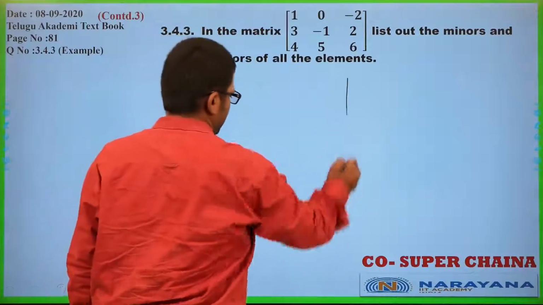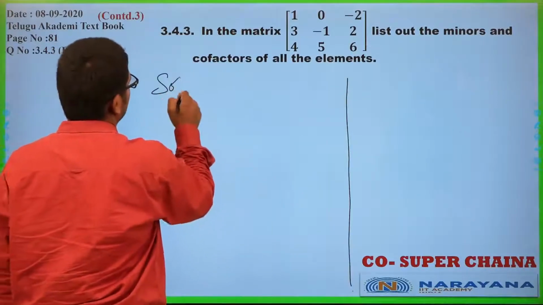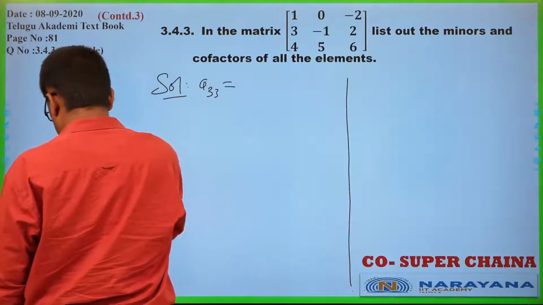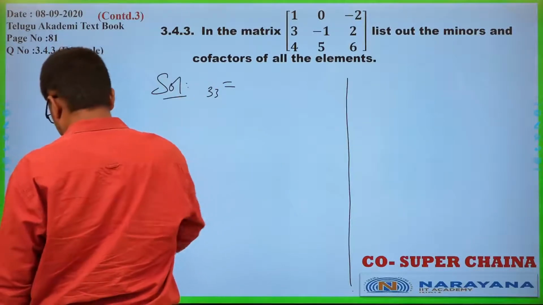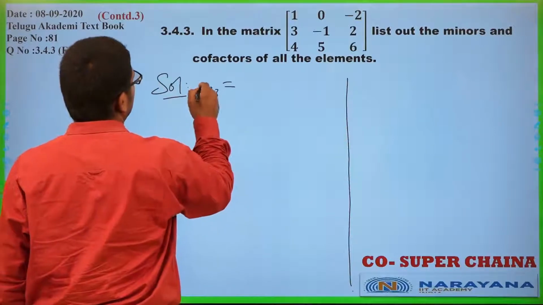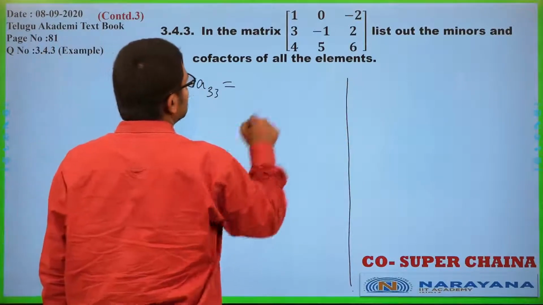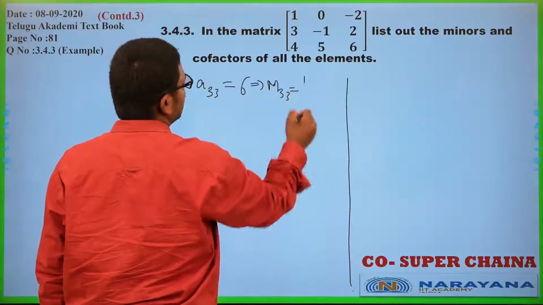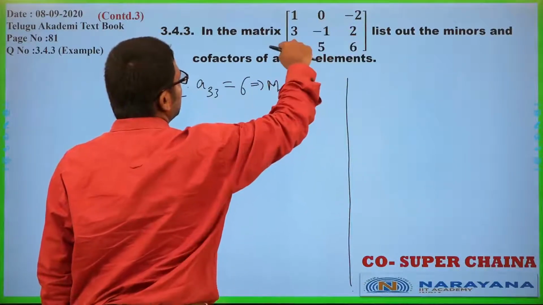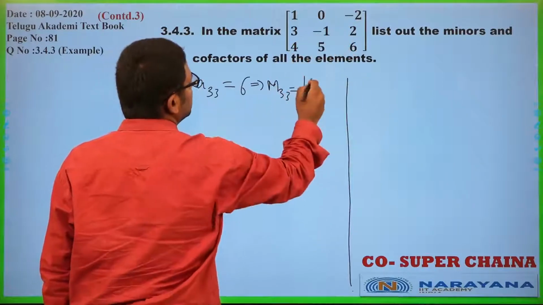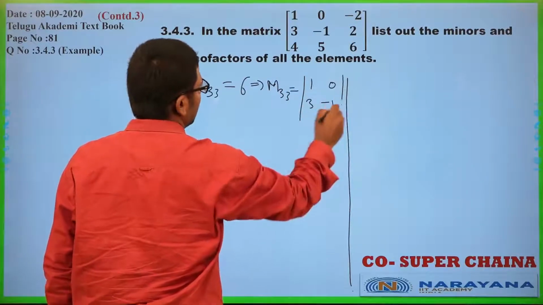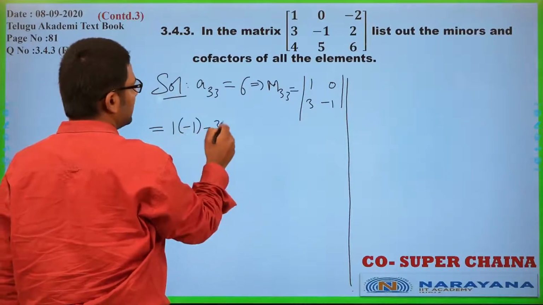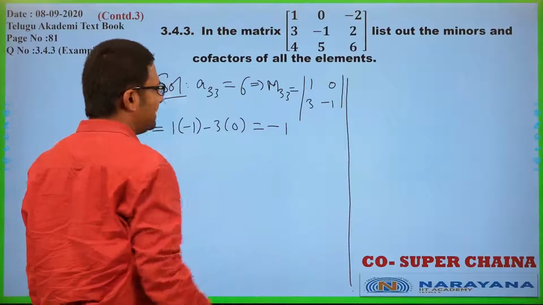Then A33. A33 is the element 6. Therefore, M33 is the determinant. Leave that row and that column. So 1, 0, 3, minus 1, right? Which is 1 into minus 1 minus 3 into 0, which is minus 1 minus 0.